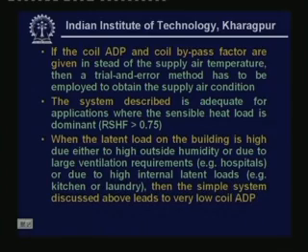So, the system we have been discussing is fine as long as your sensible load is more than 3 times the latent load on the building. That means your room sensible heat factor is greater than about 0.75, which is normally the case, but there are some special cases where the latent load on the building could be quite high.